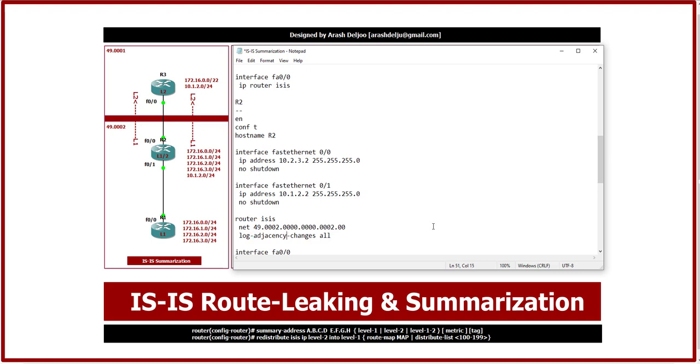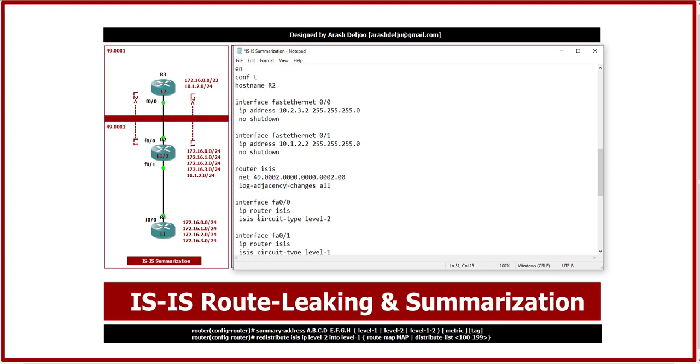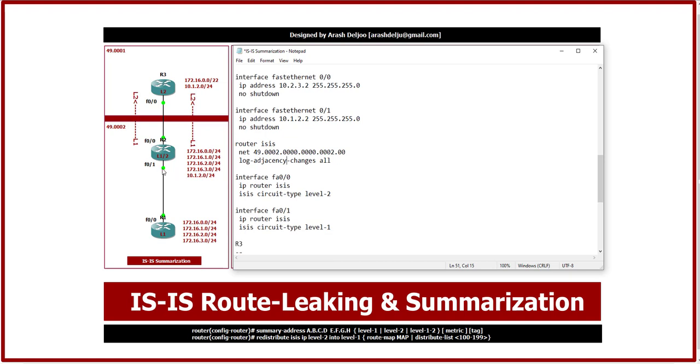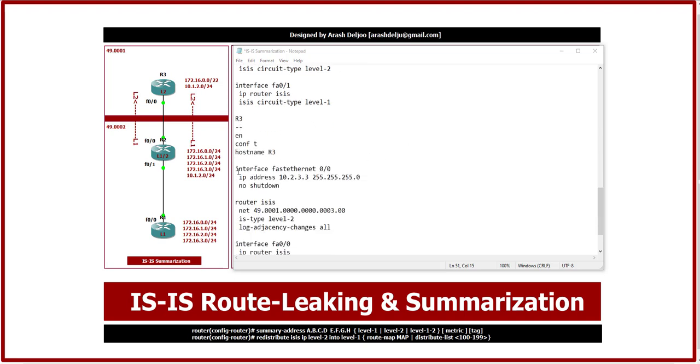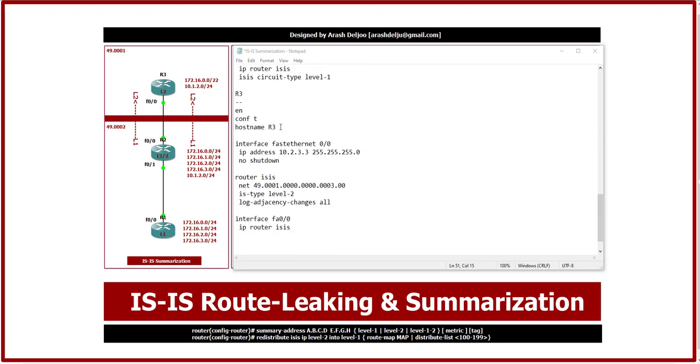Okay, and after that, interface FastEthernet 0/0, ip router isis, and isis circuit-type level-2, and finally interface FastEthernet 0/1, ip router isis, and isis circuit-type level-1. Let me show you the configuration of router 3. Here we have the configuration of router 3: enable, conf t, hostname R3.